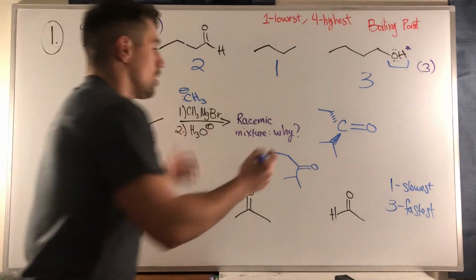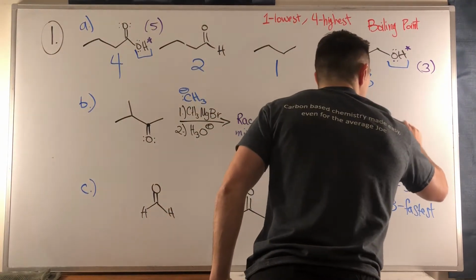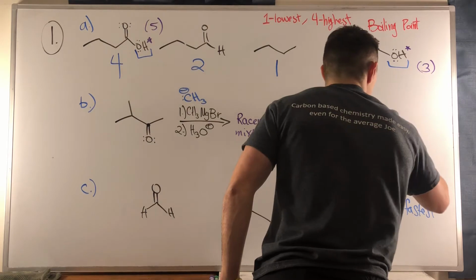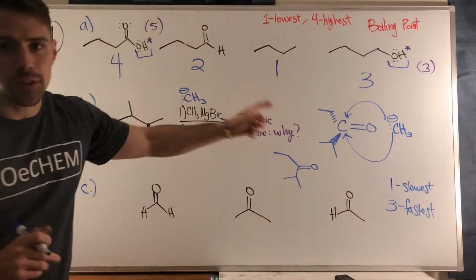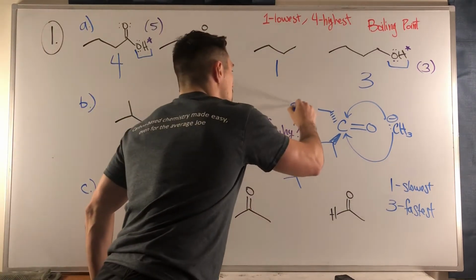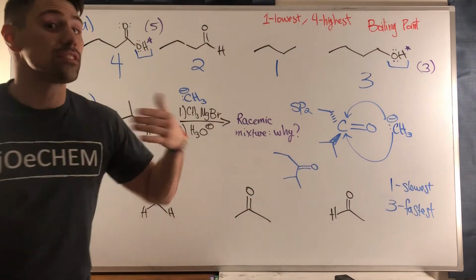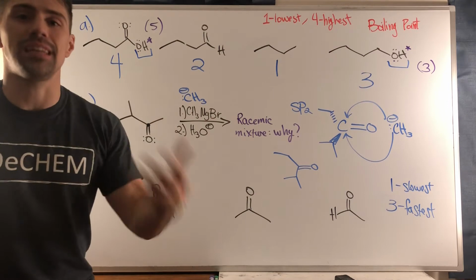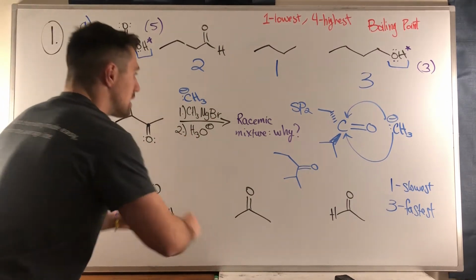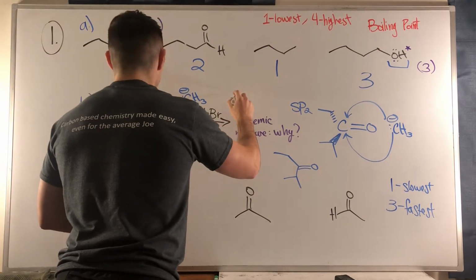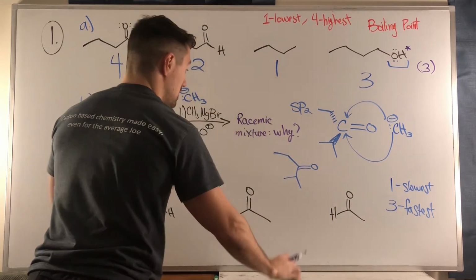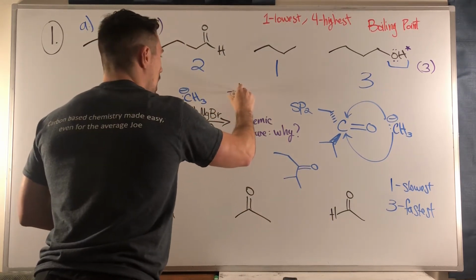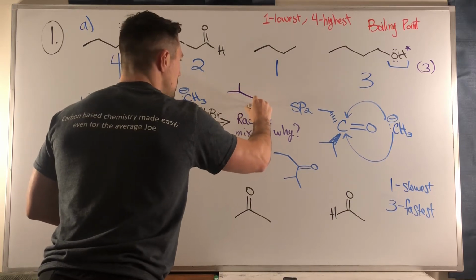So the methyl Grignard doesn't care whether it comes from the top or the bottom, right? That's an sp2 trigonal planar carbon. Because it's trigonal planar, that means flat. So the methyl can approach from either side, and as a result, that's why we get an even, racemic mixture of wedge here.